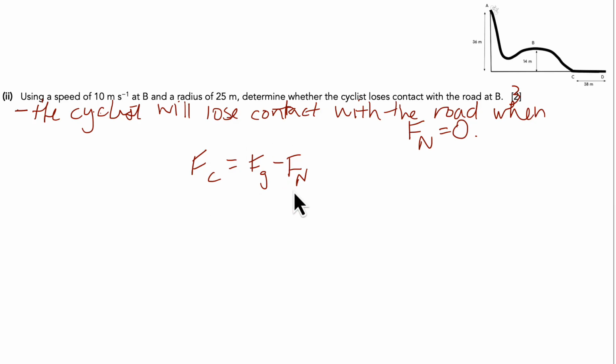So let's go back to my equation here. I'm going to put that as 0. So centripetal force, our net force towards the center, mv squared over r. The force due to gravity, mg.